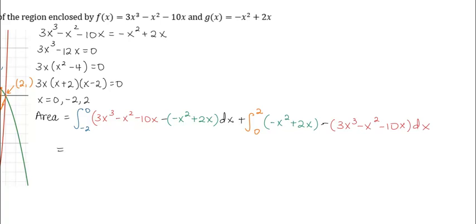So simplifying these integrals, we have the integral from negative 2 to 0 of 3x cubed minus 12x dx, and to that we are adding the integral from 0 to 2 of negative 3x cubed. I'm combining like terms on the inside of my integral. My x squareds will cancel, and I'll be left with a positive 12x dx.